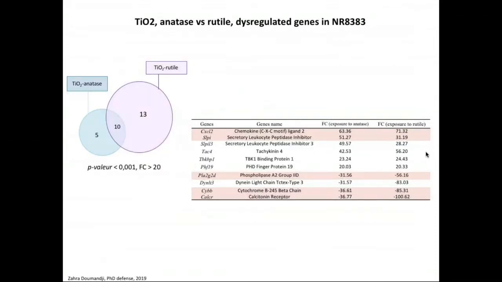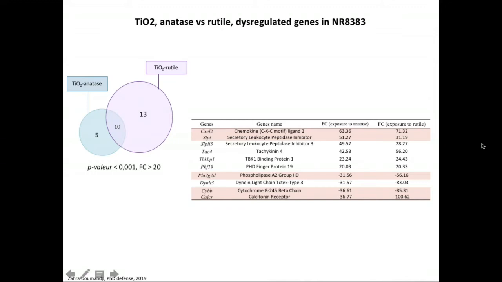We also try to compare not only the oxidation status of the nanomaterial, but also its form. We did that with titanium dioxide, and we compare two forms, anatase versus rutile, and the pathways they activated.